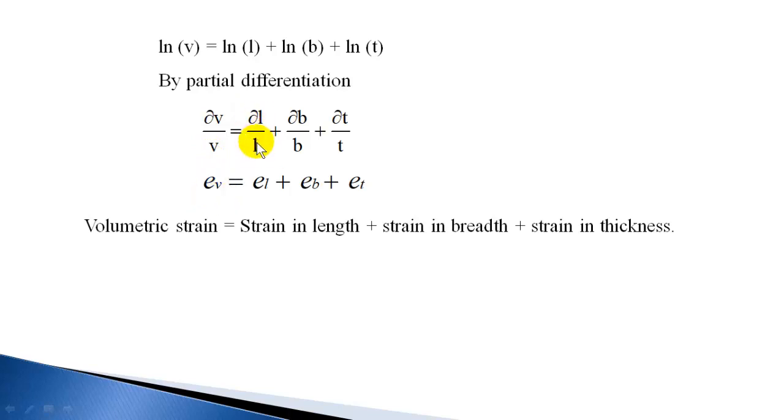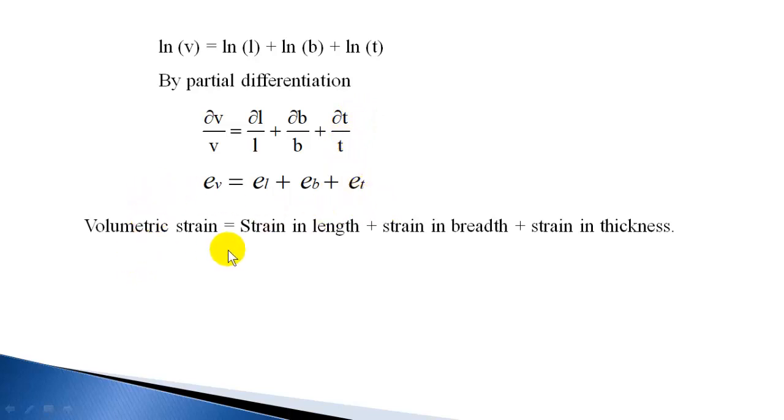Del L by L is a differential change in length to the initial length, that is strain in length. Del B by B is a differential change in breadth to the initial breadth, which is EB, strain in breadth, plus del T by T is a differential change in thickness to the initial thickness, it is strain in thickness.